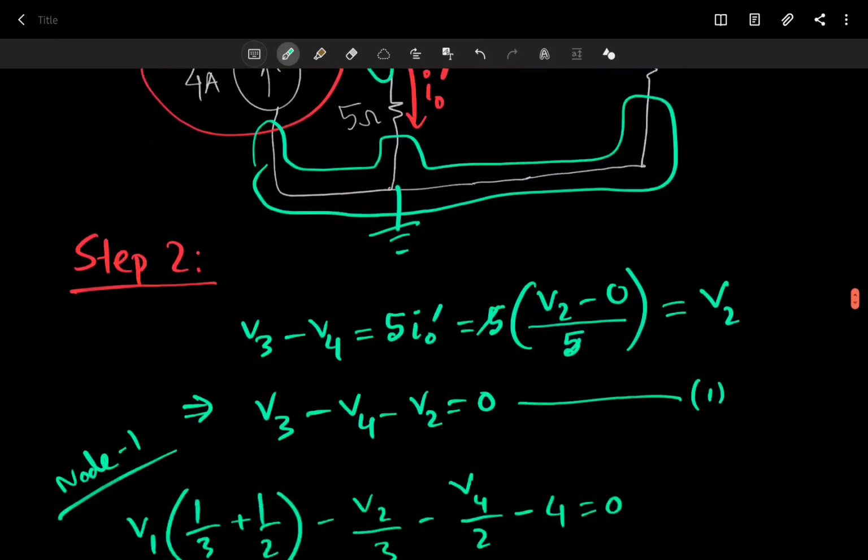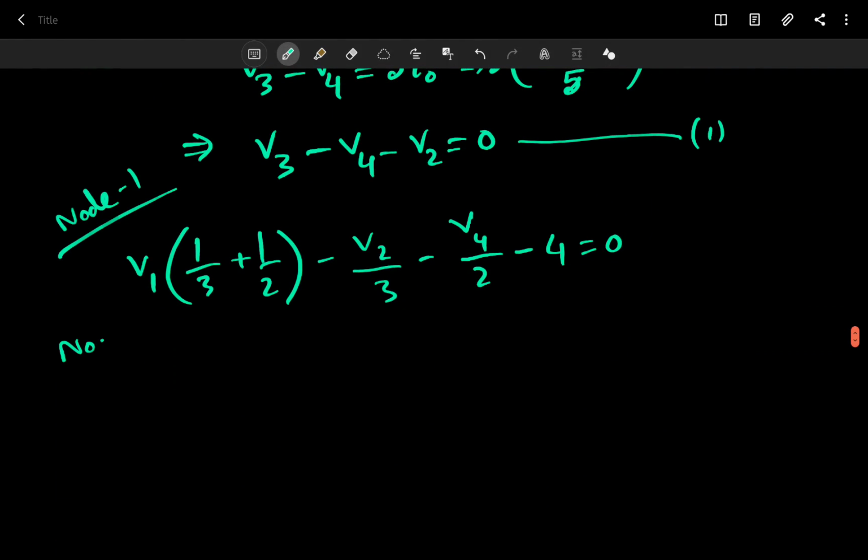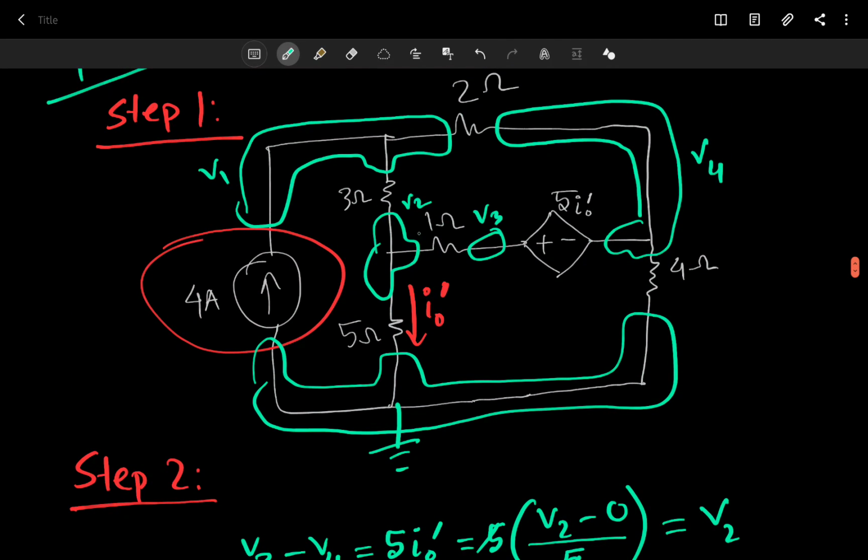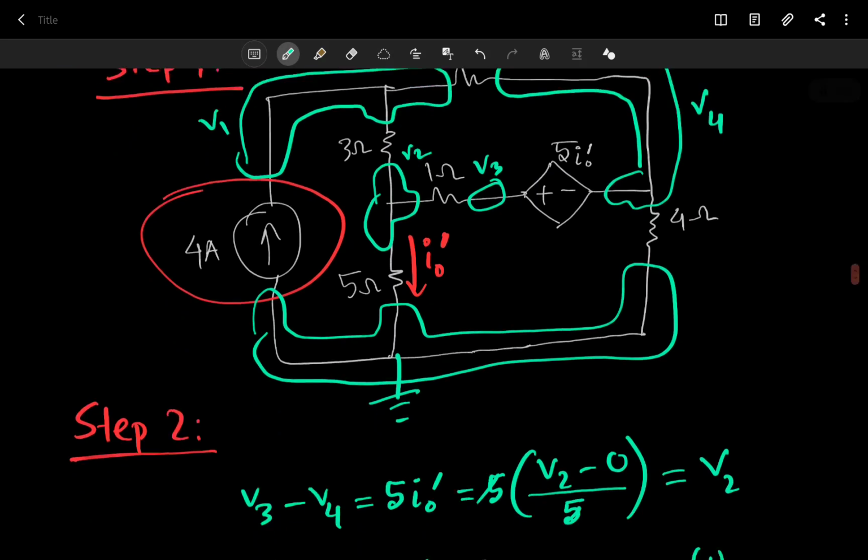And then for node 2 we can write V2 times, what are the resistances connected to it? 1 ohm, 3 ohm, and 5 ohm, right?